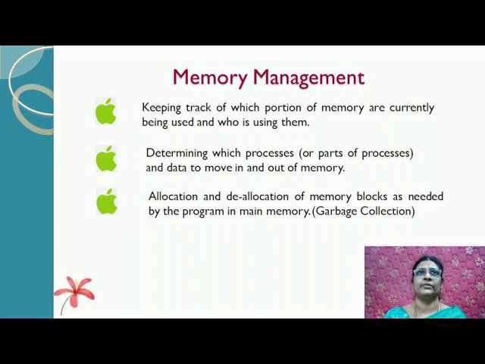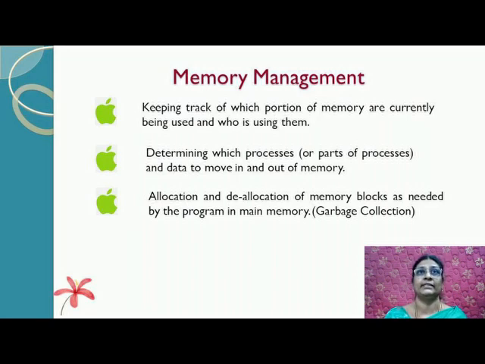So what we always say is, you save your program. All these programs are then saved in the secondary memory. Whenever you open up a program, it will be loaded into the primary memory. That is what is meant by determining which processes are part of a process.